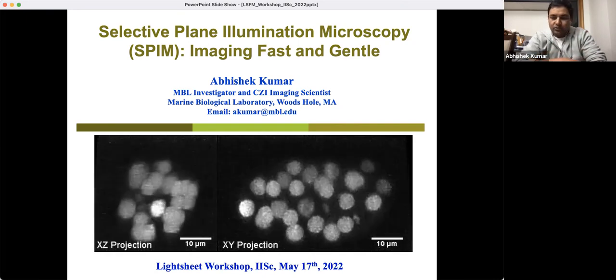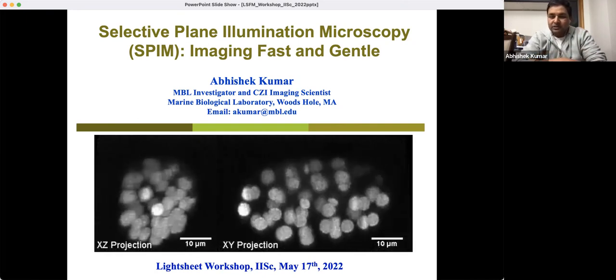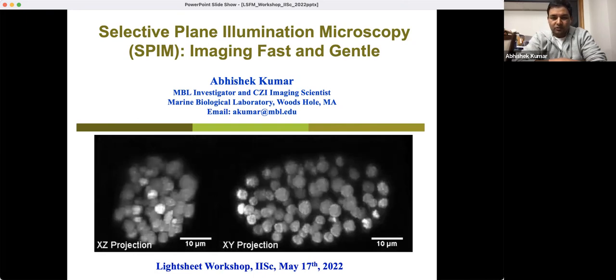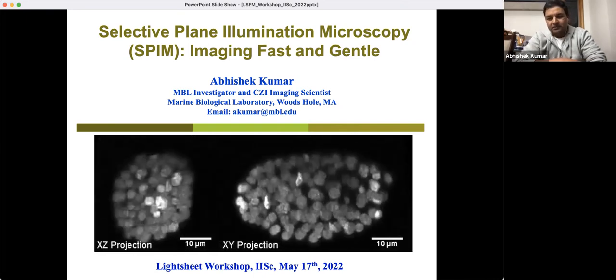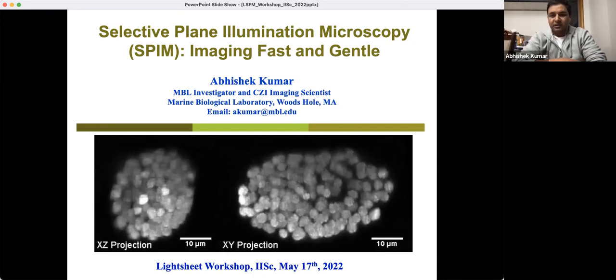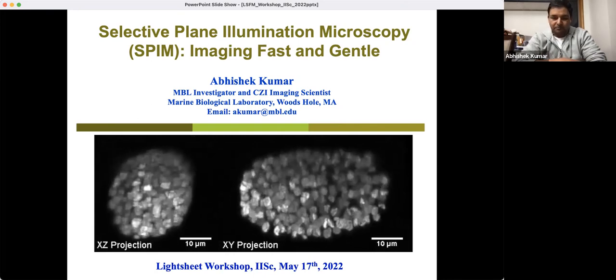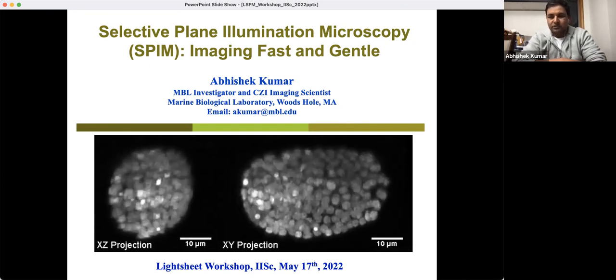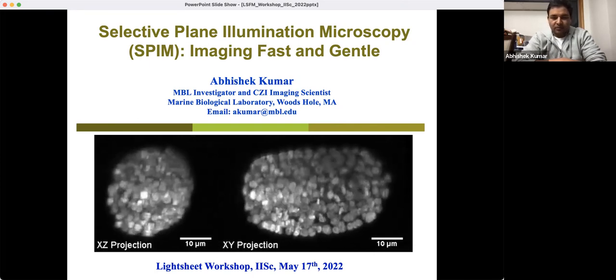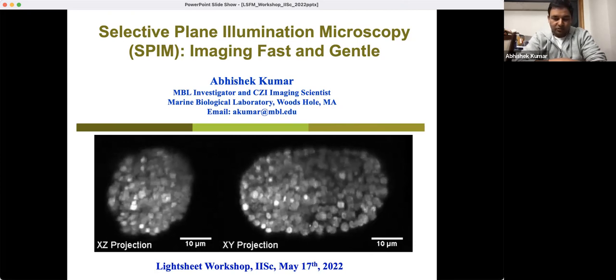But before I start, I also wanted to thank Professor Mandal and his team for organizing this workshop. I really think the light sheet field has exploded, and it's very timely to do such a workshop. I can't think of any better place than the Indian Institute of Science and Mandal Lab to host this workshop.